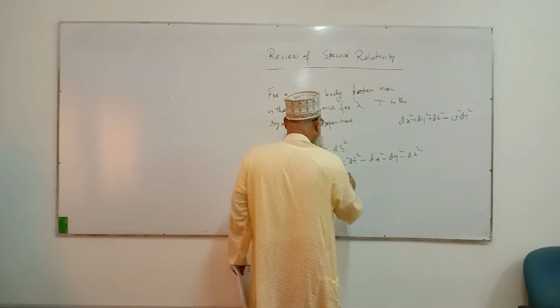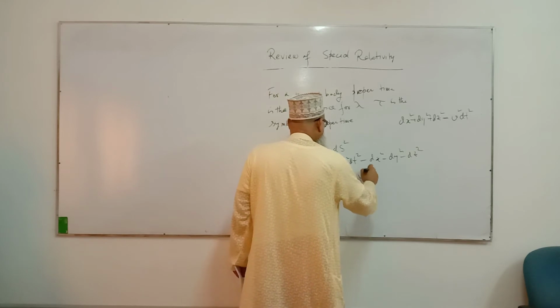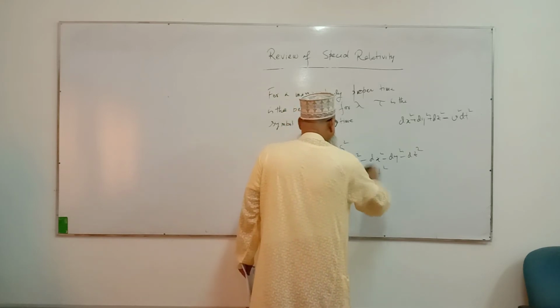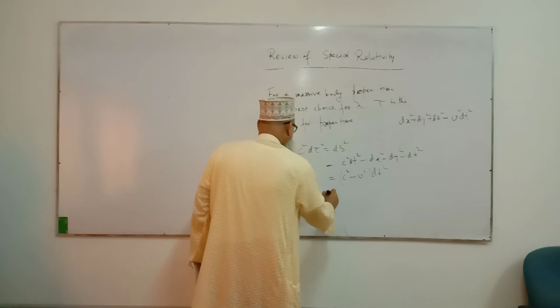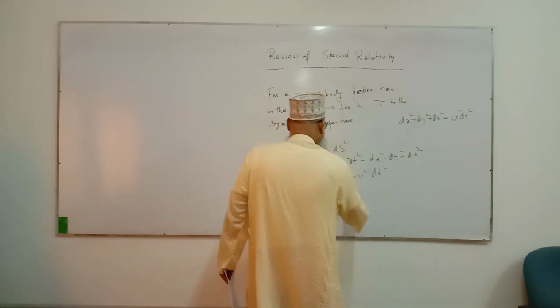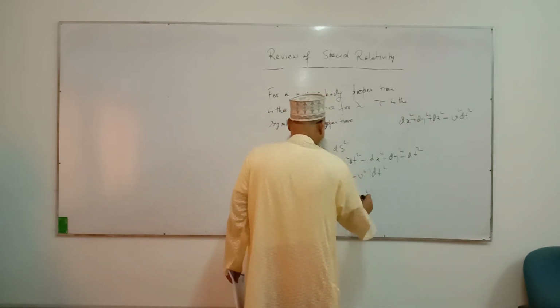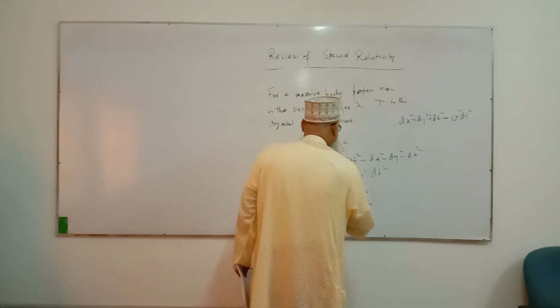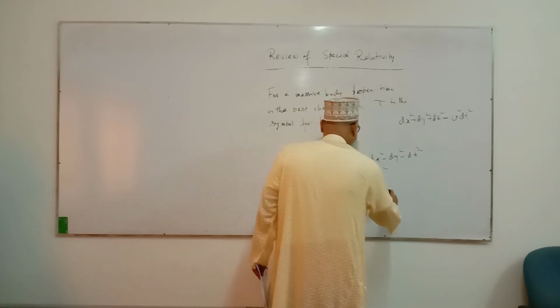So here you get c squared minus v squared dt squared, and dτ equals (1 minus v squared by c squared) to the power half dt.